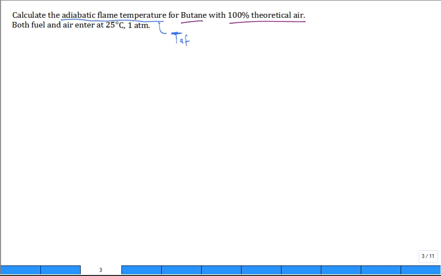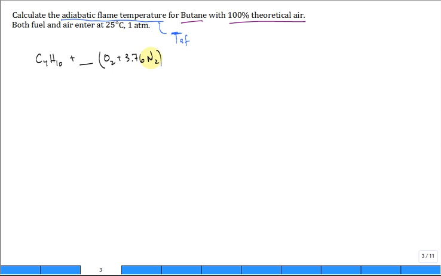So first get a balanced reaction equation with 100% theoretical air. So we'll start off with the fuel butane, C4H10, and we don't know how much oxygen and the amount of nitrogen that comes in with the air.